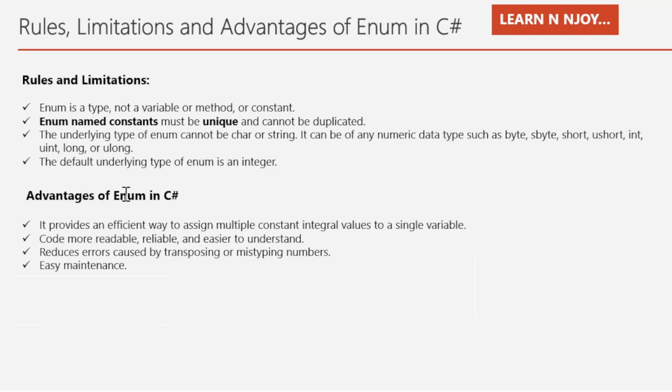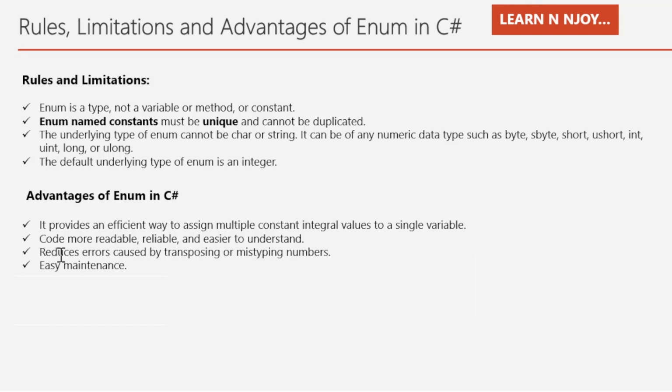Now we will look into the advantages of enums in C Sharp. It provides an efficient way to assign multiple constant integral values to a single variable. It makes code more readable, reliable, and easier to understand, because we are not going to define the constant values here and there. We are consolidating multiple constant integral values into a single variable. The third one, it reduces errors caused by transposing or mistyping them.